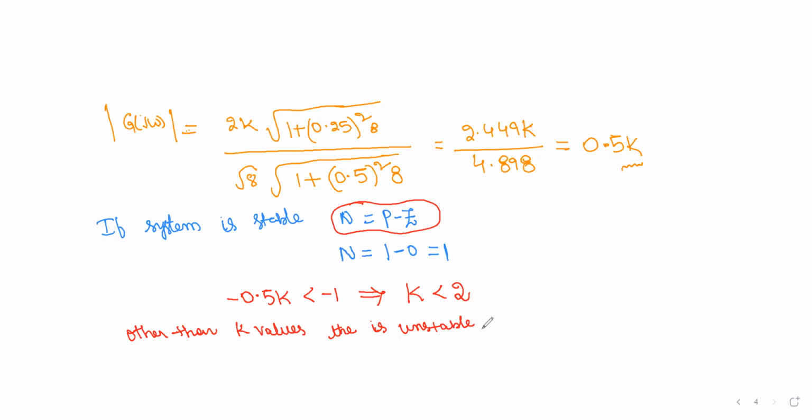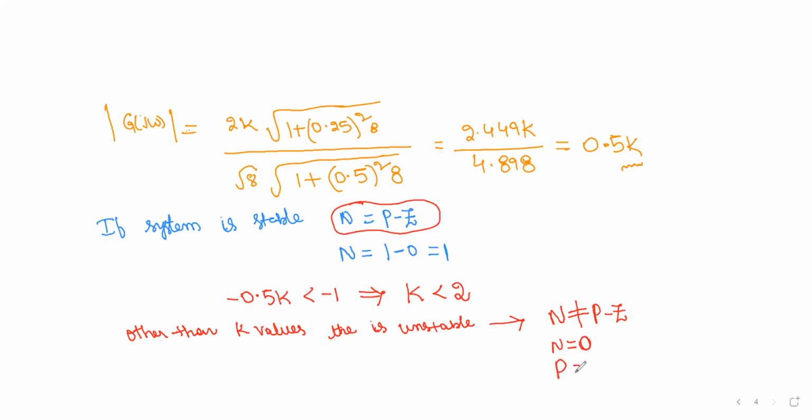The system is unstable. So then here capital N is not equal to P minus Z. So there capital N equal to 0 because the pole is not encircled, and for the system number of poles is 1 and that pole lies on the right hand side.